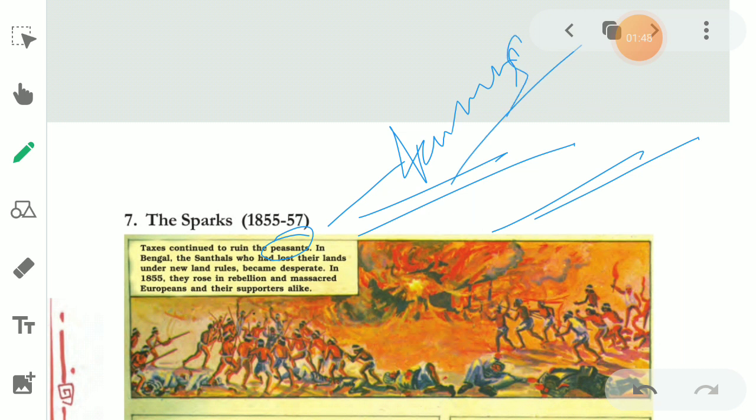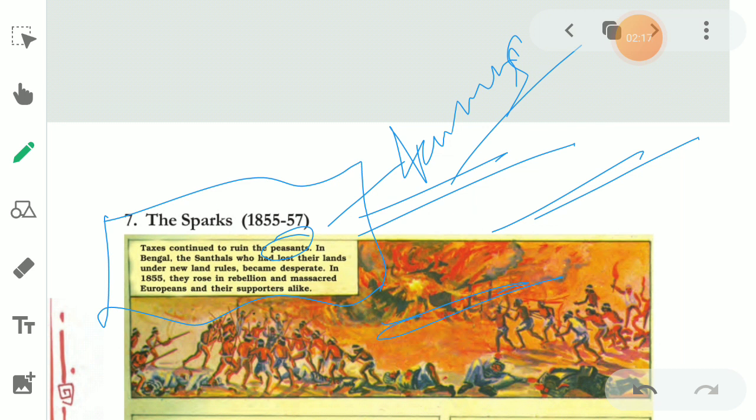The people who grow crops. So heavy taxes are imposed on farmers. So when they fail to pay, immediately they take their lands. In this way, the British people were making their administration.